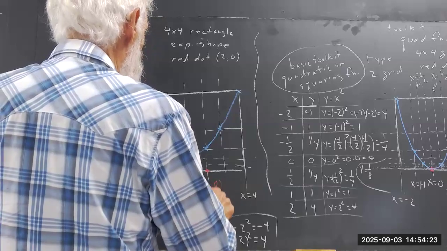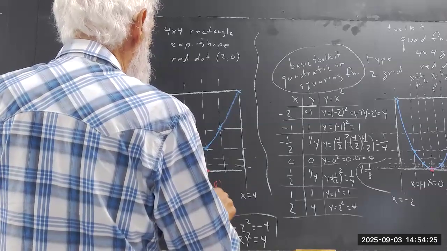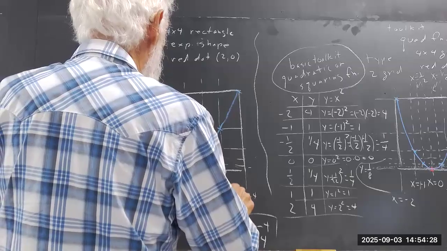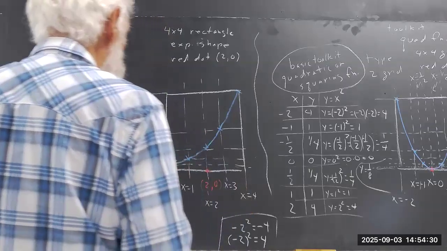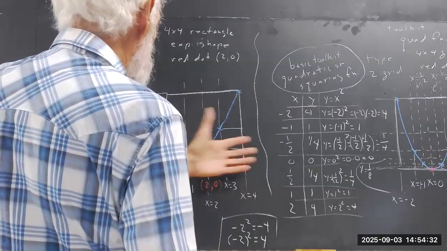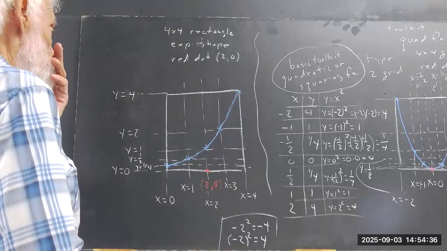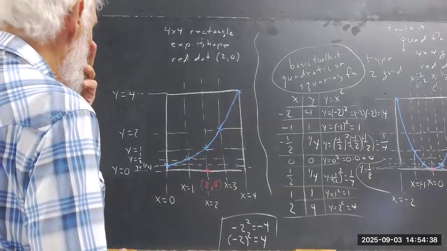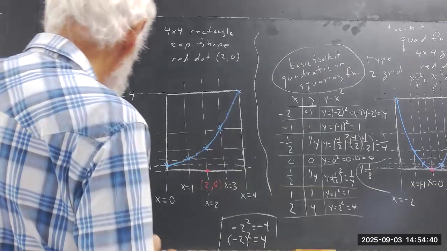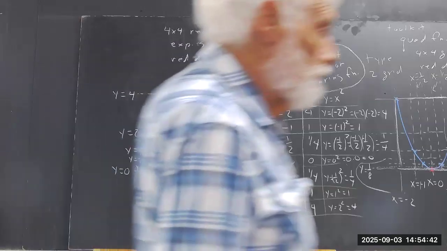Here, x equals 2, and here, x equals 3. So there are our points. And now I'm kind of out of board space. Kind of got greedy with the board space, so I'm going to have to adjust a little bit.